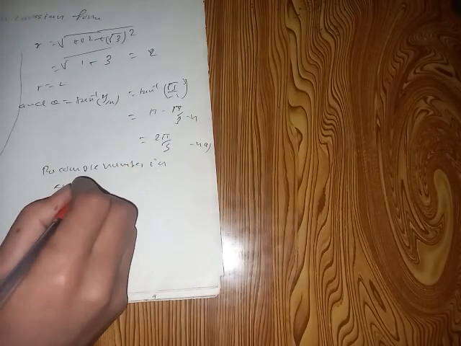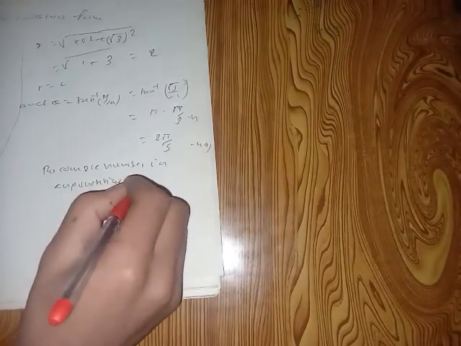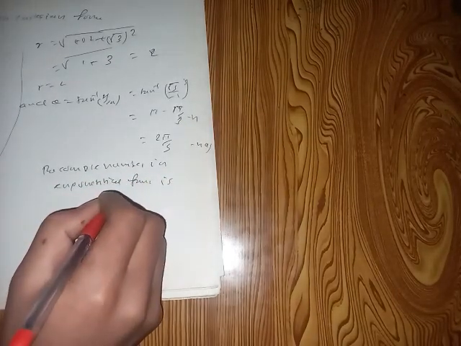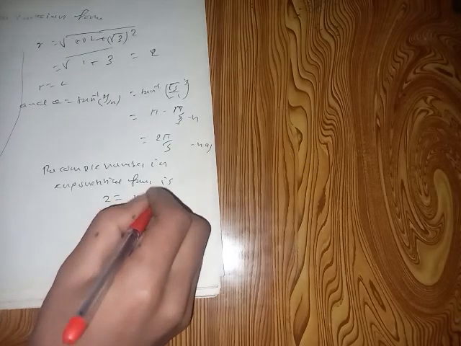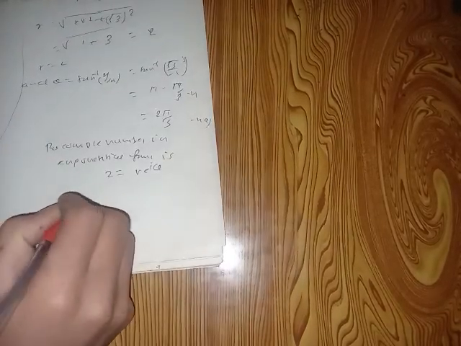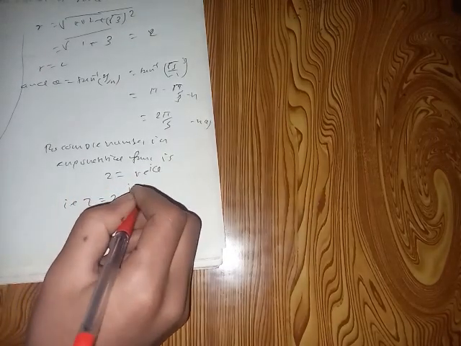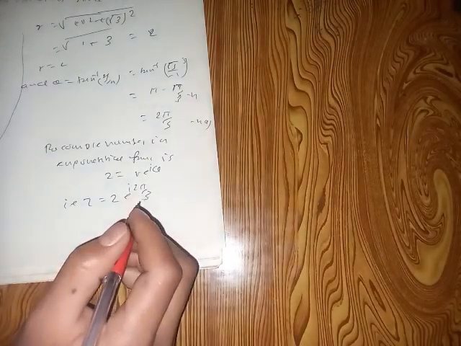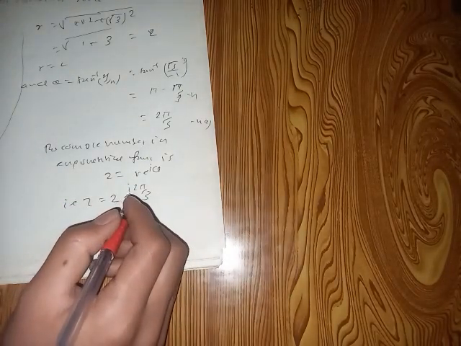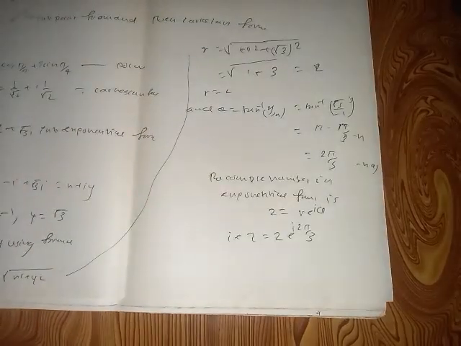Then we know by using the formula that r is equal to the square root of x squared plus y squared. The value of x is minus 1, squared is 1, and the value of y is root 3, squared is 3, so the value of r is 2.